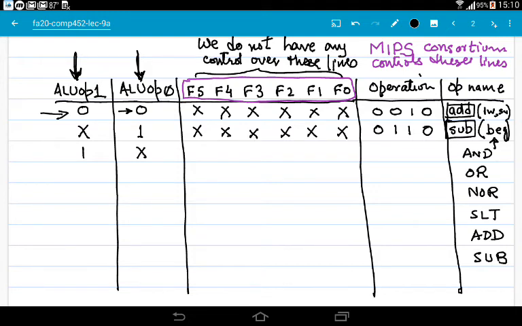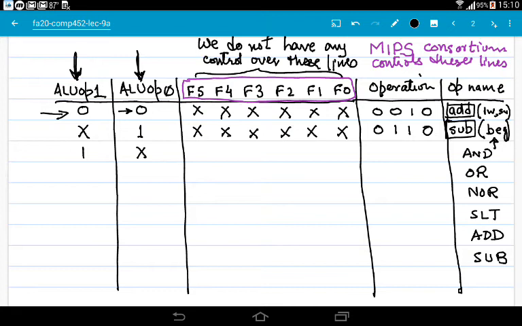For the AND R type instruction, what I am going to do is look up the value of the function code bits as specified by the MIPS designers, okay?